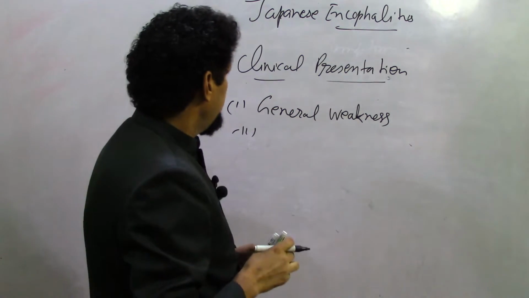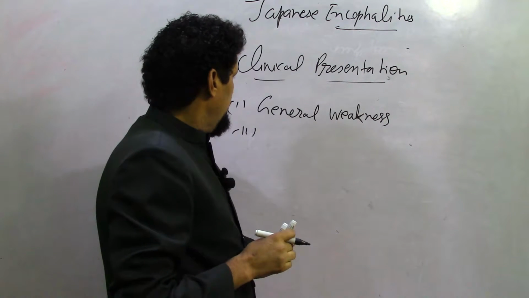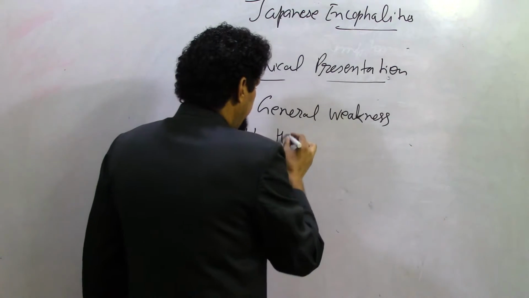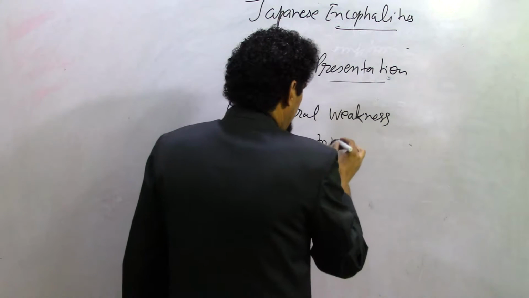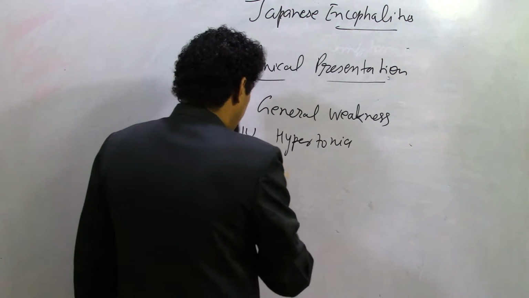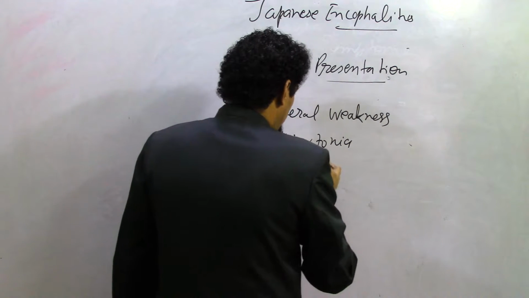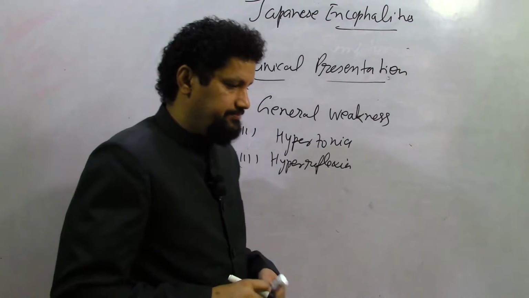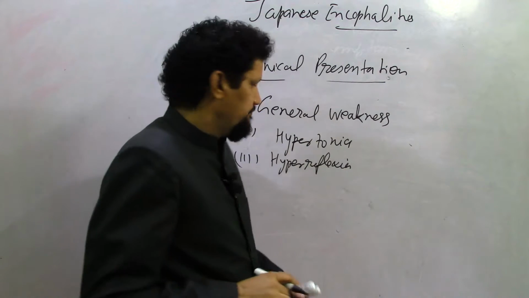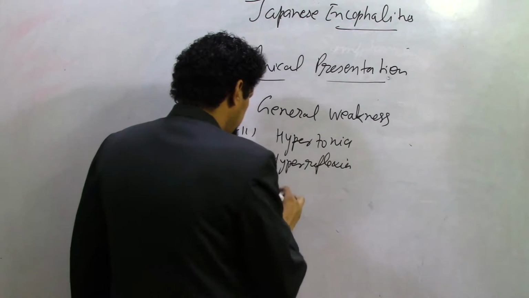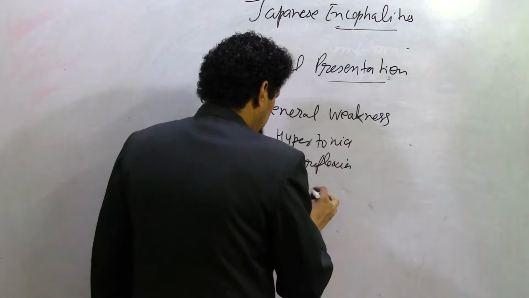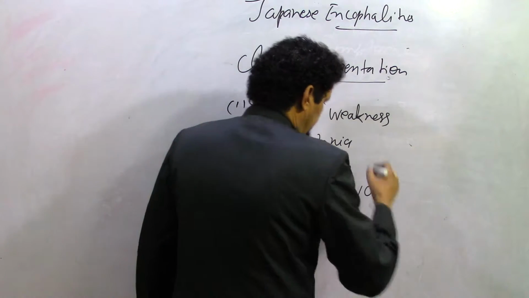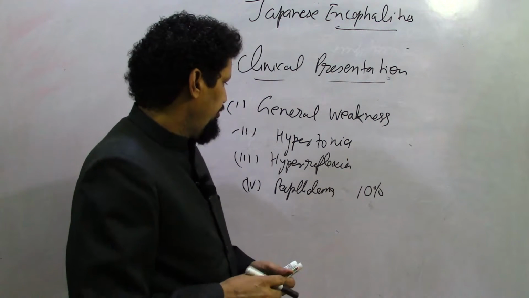the clinical findings or the physical findings of the patient of Japanese encephalitis: hypertonia, hyperreflexia, including the pathological reflexes, and there are papilledema in 10% cases which are having neurological manifestations.